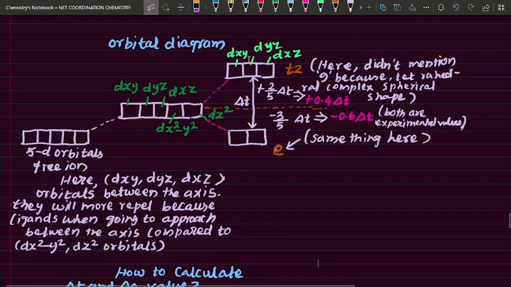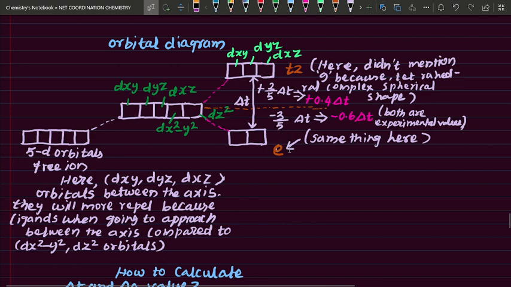See here, the crystal field stabilization energy at T2, plus 2 by 5, gives 0.4 delta T. T means tetrahedral. Here G is not mentioned because the tetrahedral complex has no center of inversion.